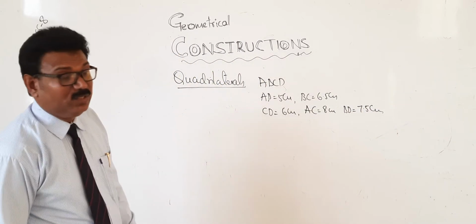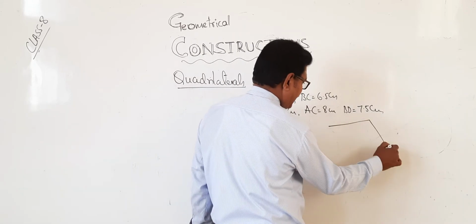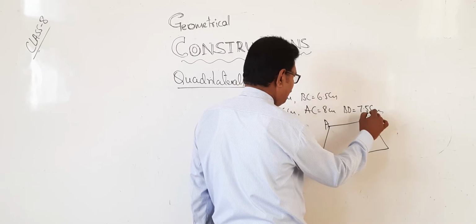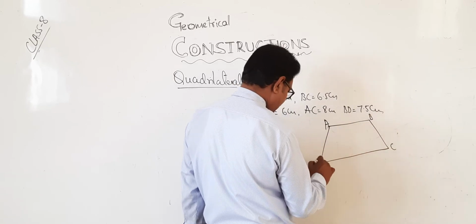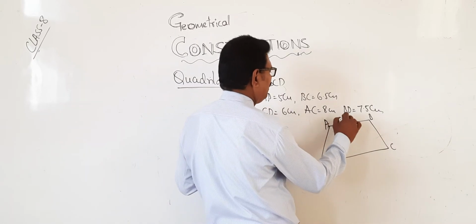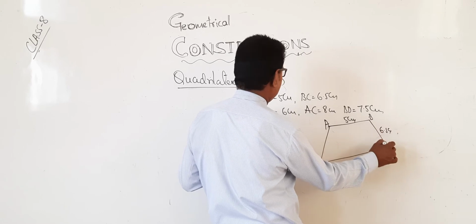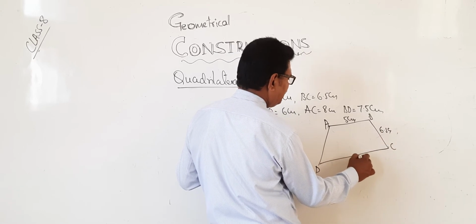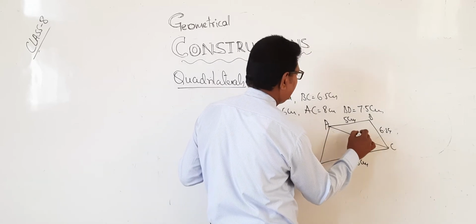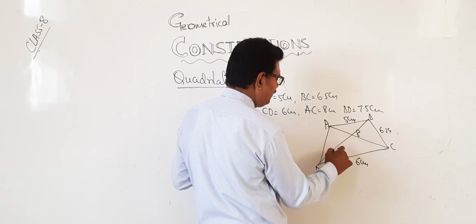First I told you we should draw a rough diagram. However you want, you can draw A, B, C and D. AB is 5 centimeters, BC 6.5, CD 6, AC 8 and BD 7.5.